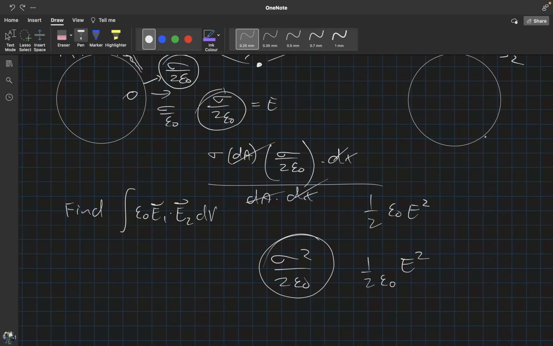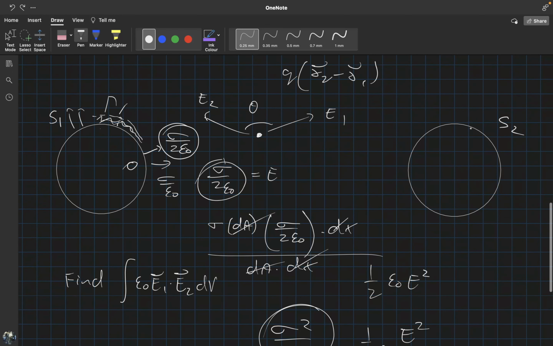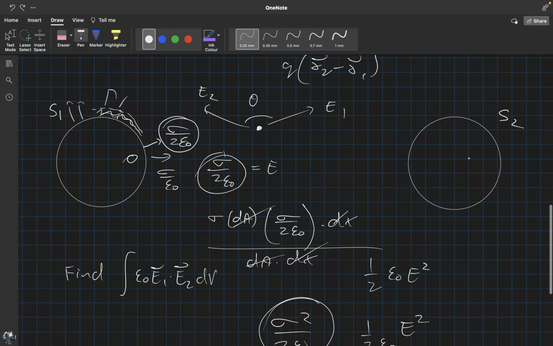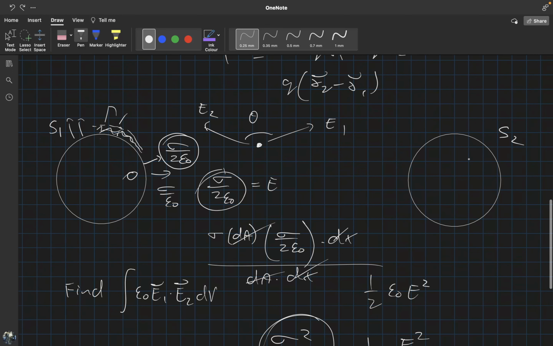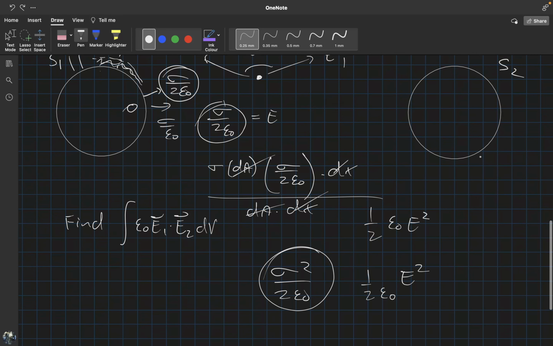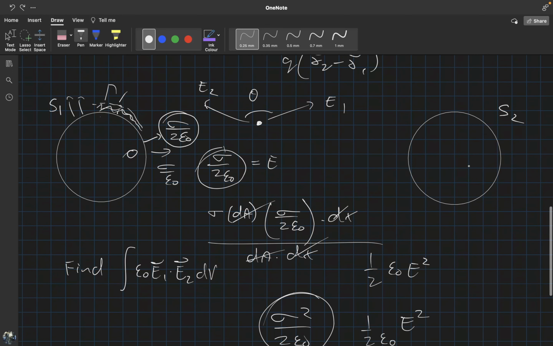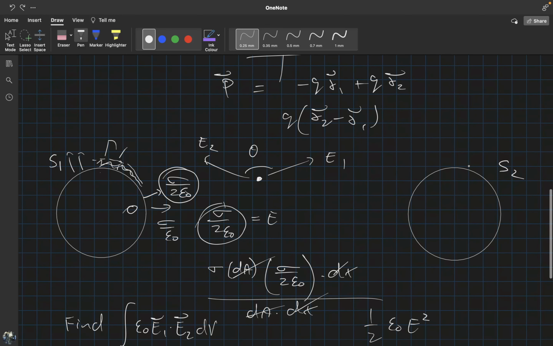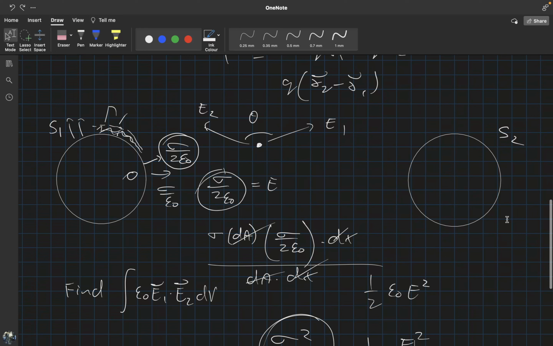Dielectric strength is the field at which a dielectric will lose its dielectric property. For example, air starts conducting, lightning, right? It is about 300 kilovolt per meter. It is the field at which the dielectric loses its dielectric property.